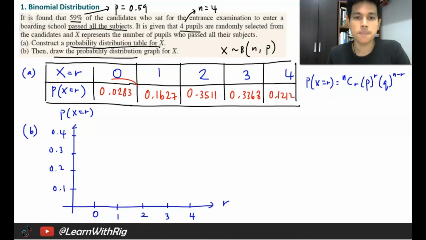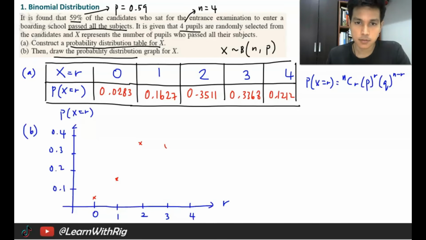So now, first one, 0.028, so maybe 0.03, so it should be somewhere here. When r equals 1, the probability is 0.16, so 0.16 should be somewhere here, halfway point. Next, when r equals 2, probability is 0.35, somewhere here, and then 0.34, which is quite close, slightly lower.